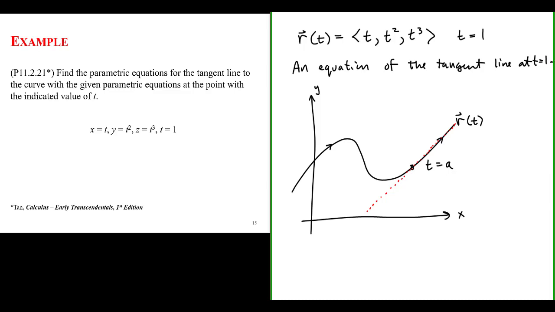Now remember, we could use the parametric set of equations for a line. The parametric equation for a line has an x-coordinate given by some x-coordinate for a point on the line. We'll call this point x naught, plus some constant a times the parameter t, where a is the x component of a vector that is parallel to the line.